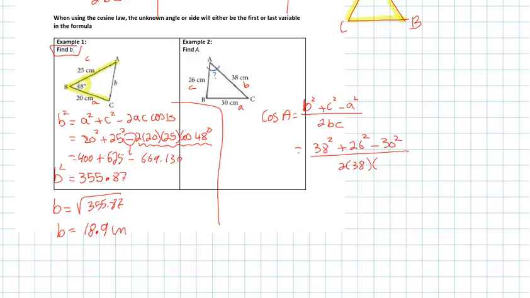I have another question: does it matter what angles are little a, big A? When you do this on the calculator, you have to make sure that you put the top in the bracket and the bottom in the bracket. Otherwise, you have to do the top first, find the answer, put it down.